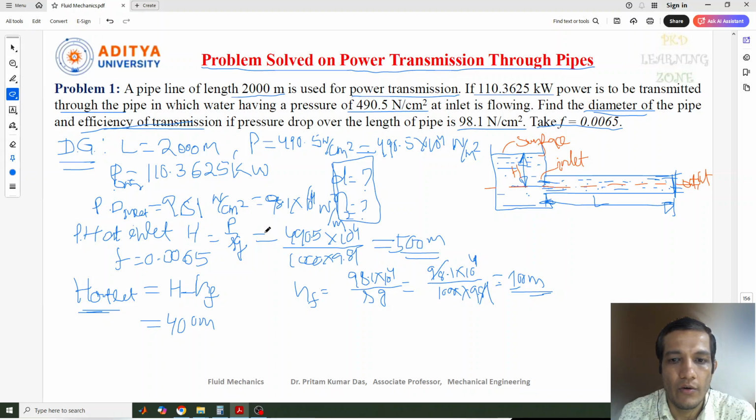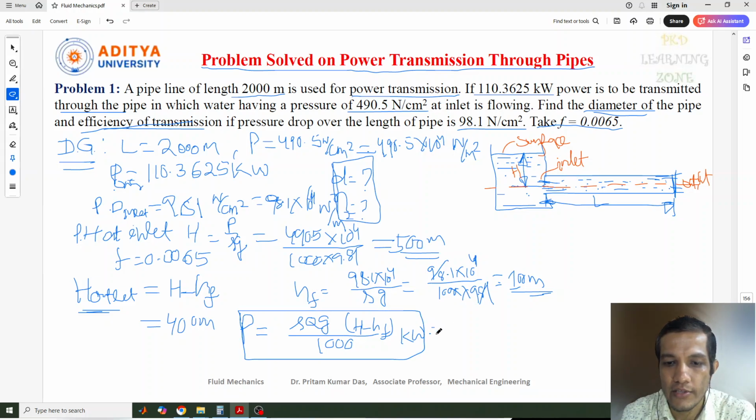For calculating the diameter and efficiency, we will go directly to the power. So the power transmission P is equal to rho Q g (H minus HF) divided by 1000, this much kilowatt. So this is the power transmission formula.